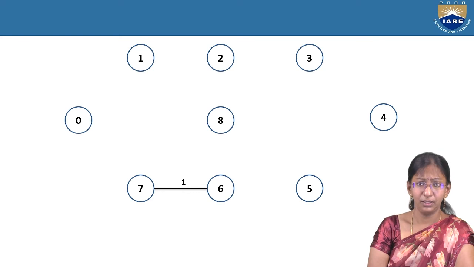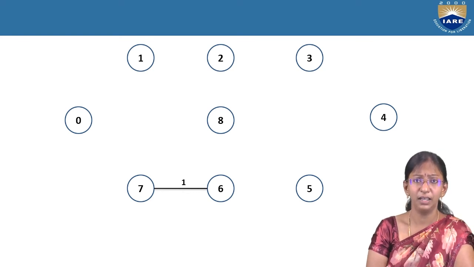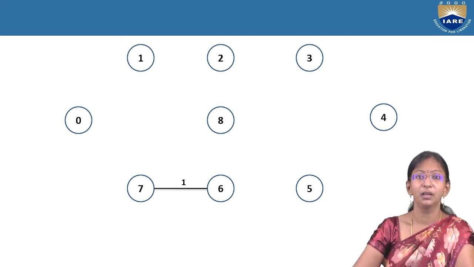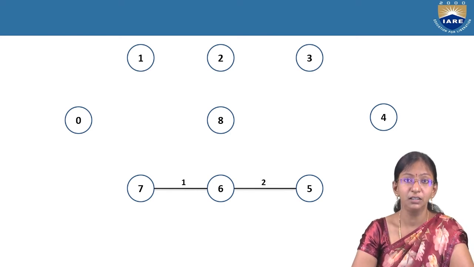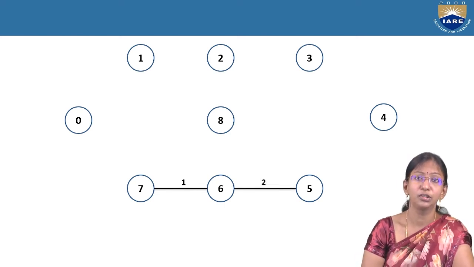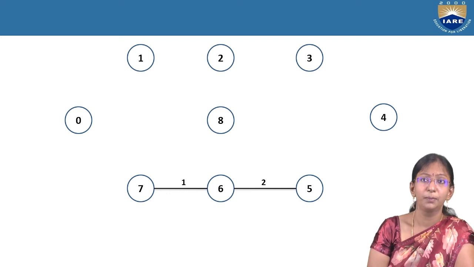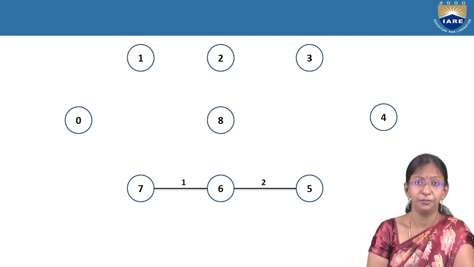Always think, by adding this edge, is it going to form a circuit or not? It is not going to form any circuit. This is the first edge. No problem. Add it. Next, go to the next one. The next edge which is not going to form any circuit is 2, between 6 and 5.